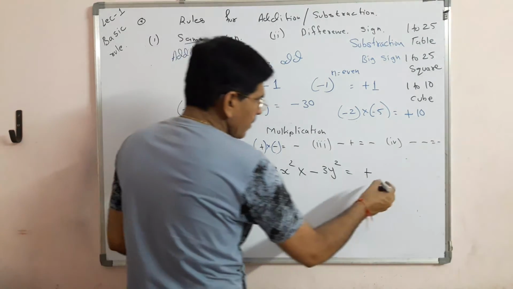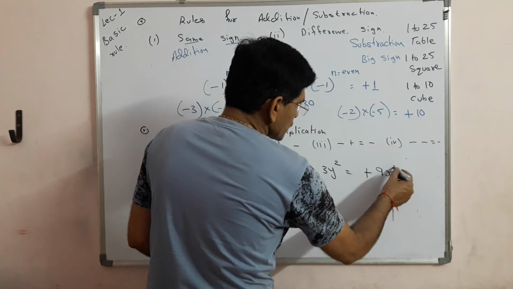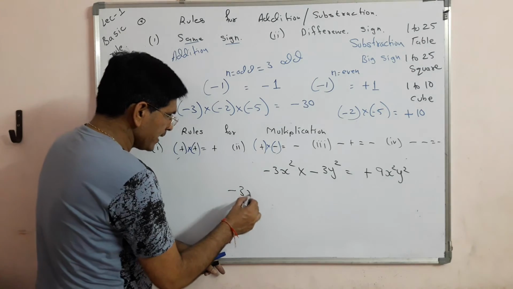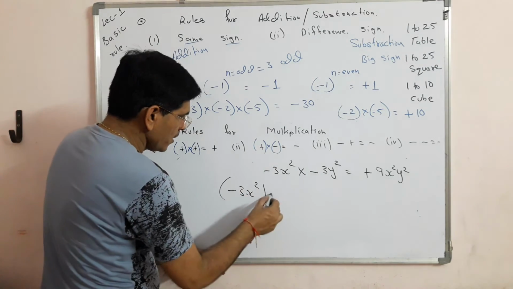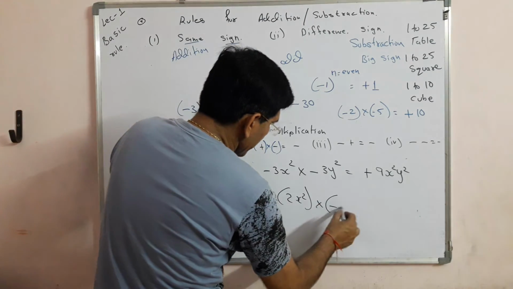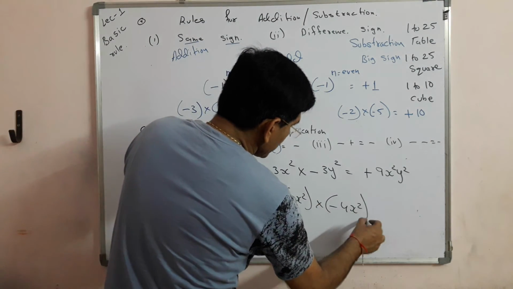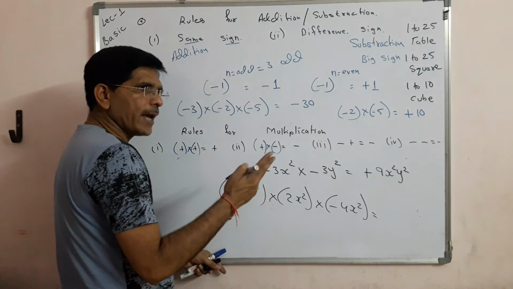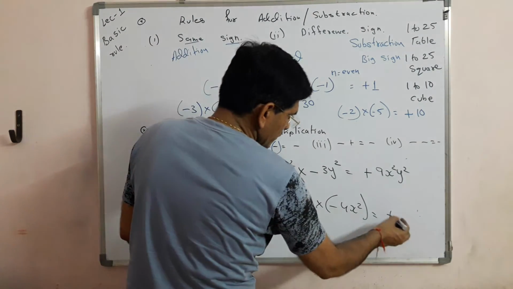Now 3 threes are 9, and x square y square. If I write minus 3x square multiplied by 2x square multiplied by minus 4x square, what are you writing? Again, how many times is the negative sign there? 2 times. So even, so the answer is positive.